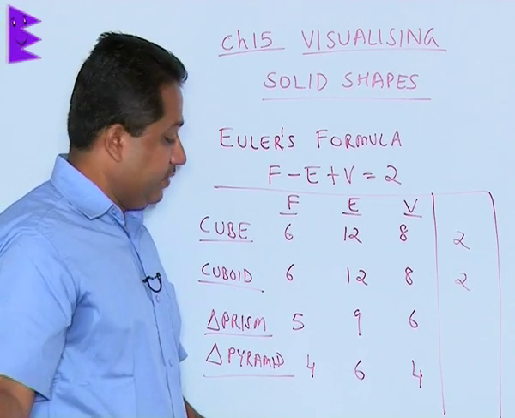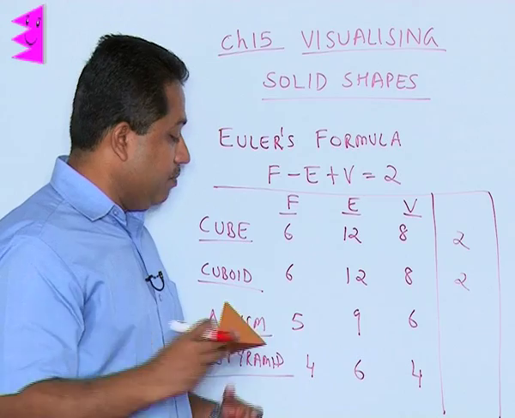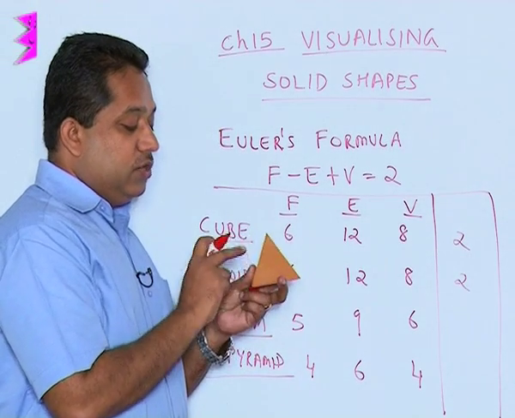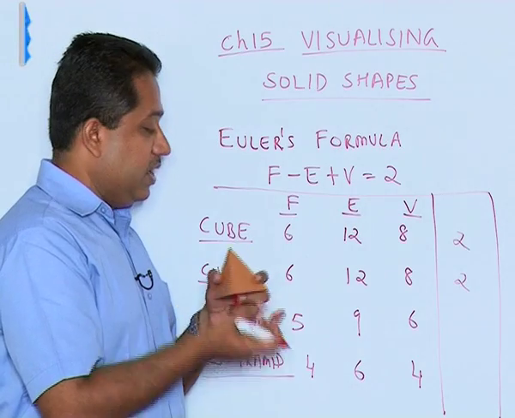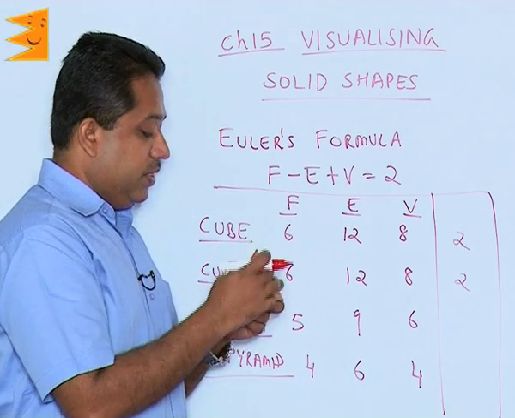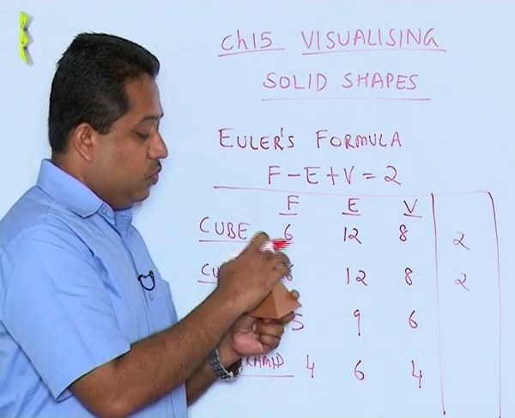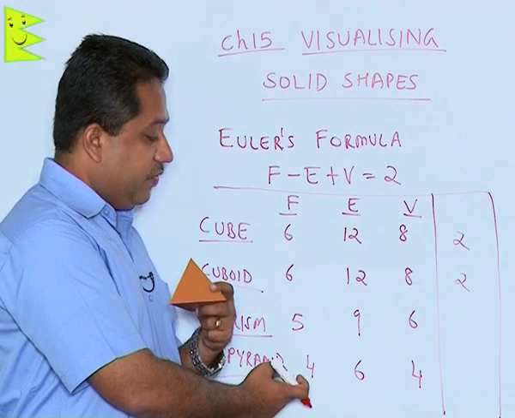Next is the triangular pyramid. When we calculate the number of faces, it is 3 on top and 1 which forms the base. So, we have 4 faces.